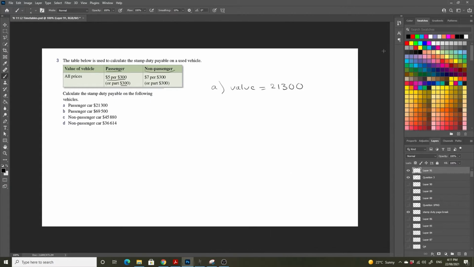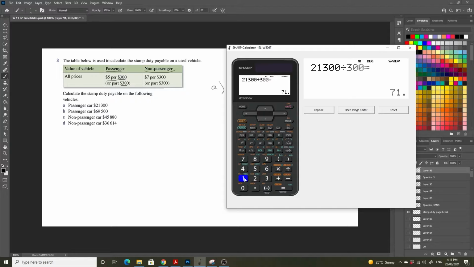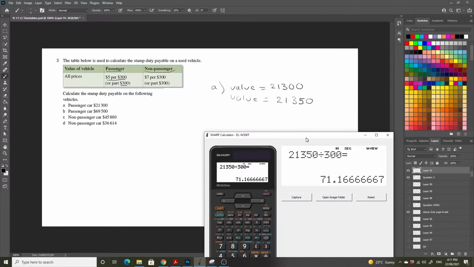But if it was, say, a value of 21,350, we would first divide this by 300, and it's going to equal 71.16.